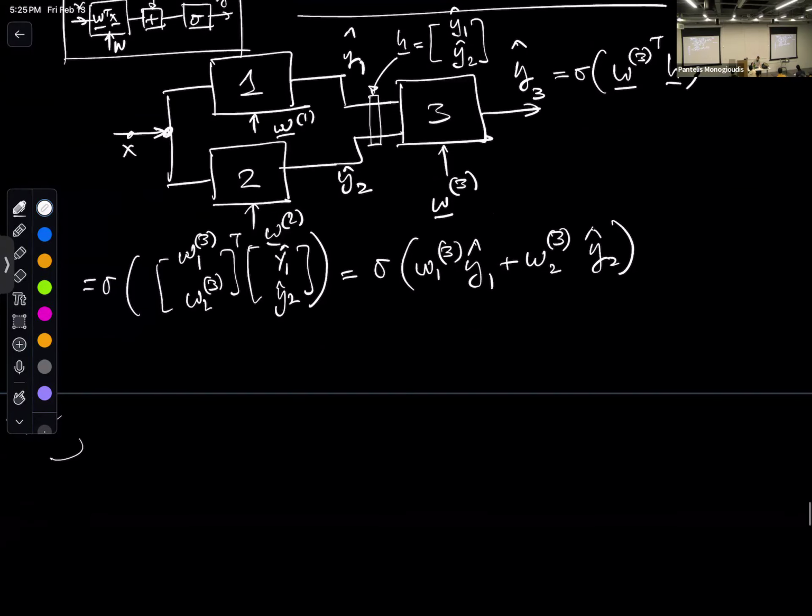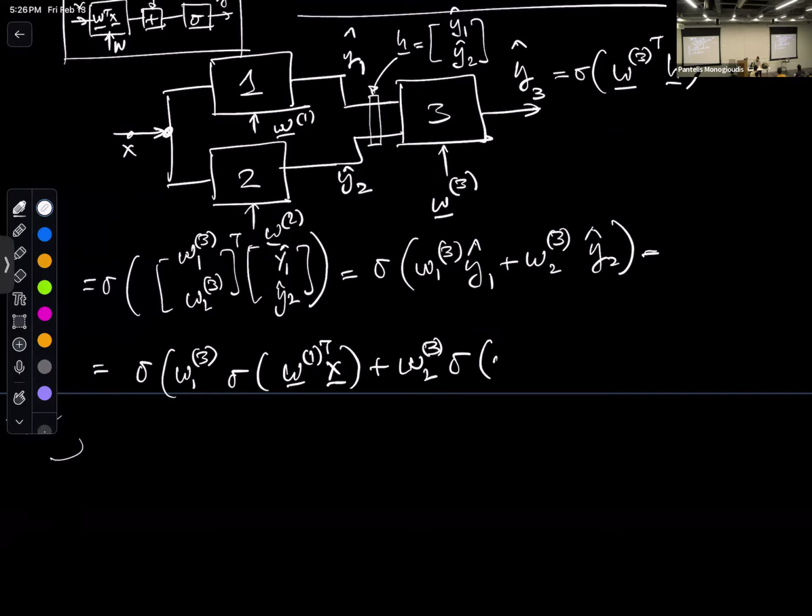So this will be sigma of W1,3 times y hat 1, which is sigma of W1 transpose x, plus W2,3 times sigma of W2 transpose x.